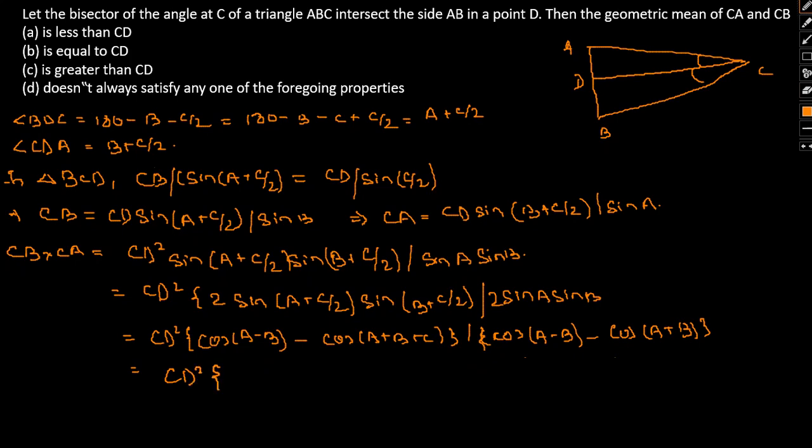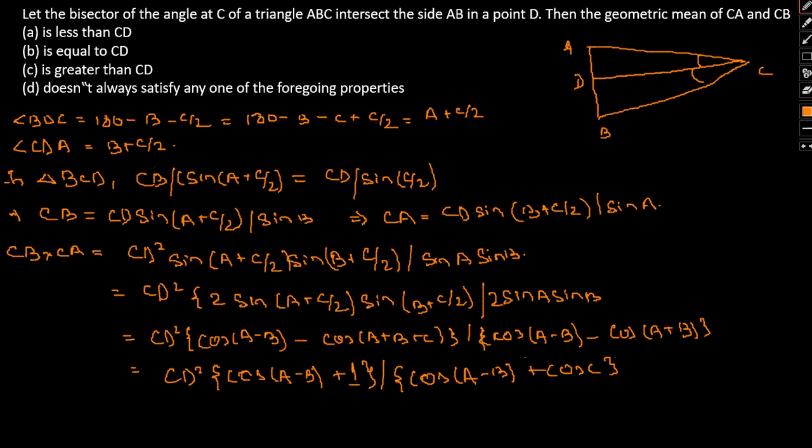CD square cos A minus B plus 1, because cos of 180, A plus B plus C will be 180. So minus 1 and minus 1 plus 1 by cos A minus B plus cos C. Okay.